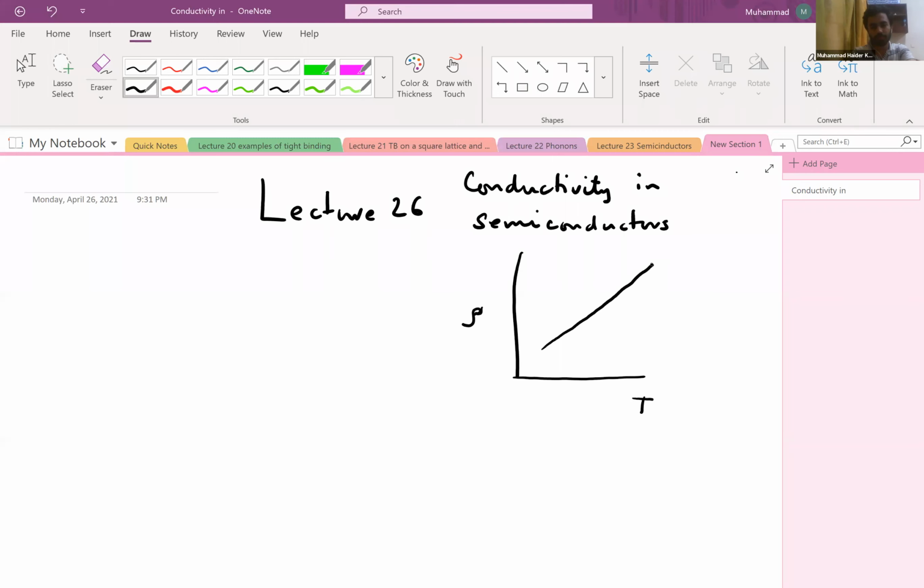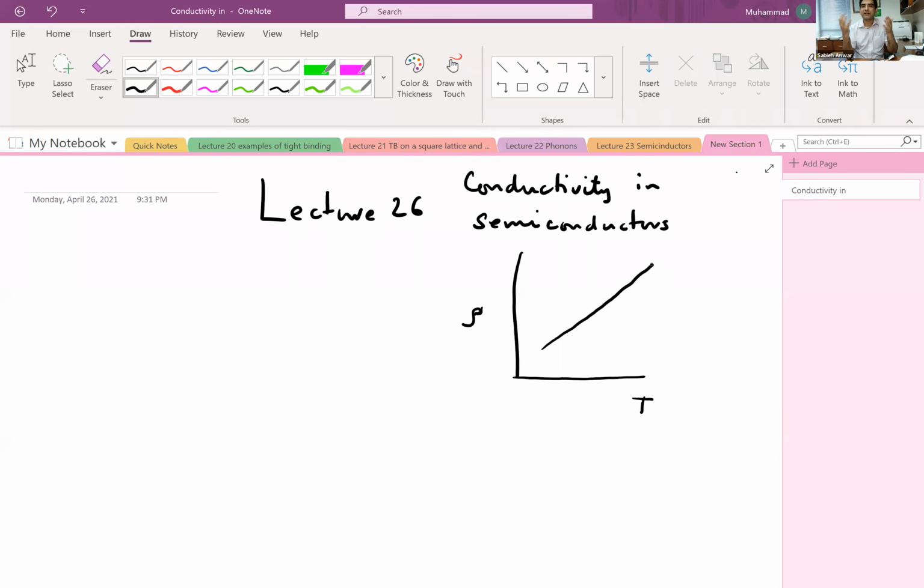So the atoms in the crystal start vibrating and they hinder the free movement of electrons as temperature is raised. So they impede the free motion of electrons. So the atoms are vibrating and they present themselves as targets to the electrons. When the atoms vibrate with a larger amplitude, the electrons have a larger cross-sectional area to collide with.